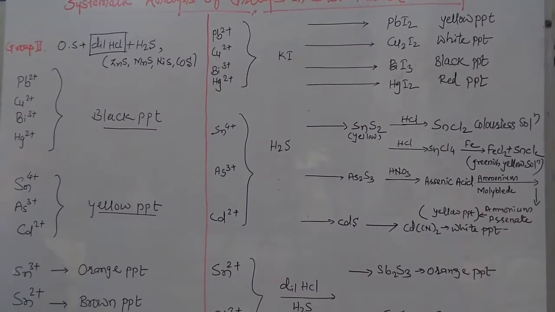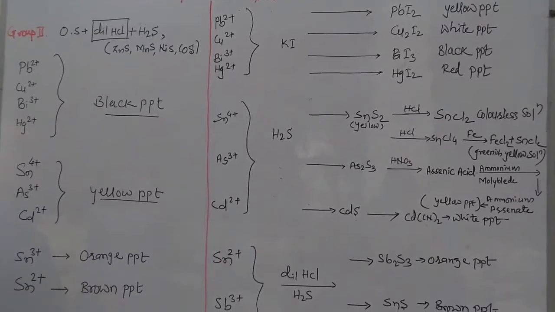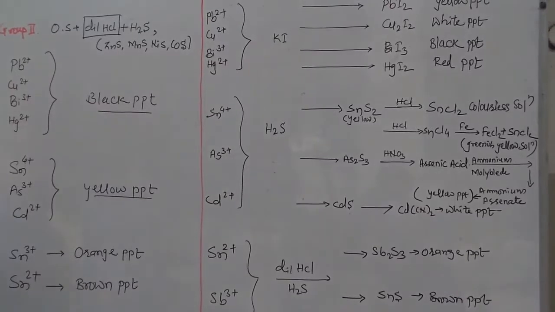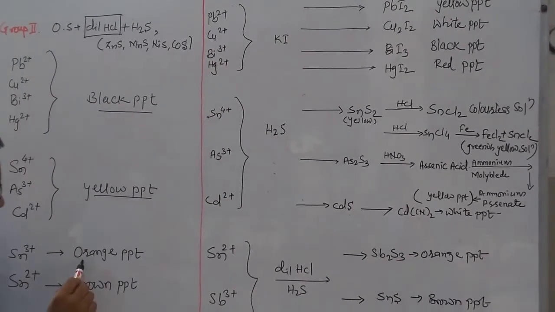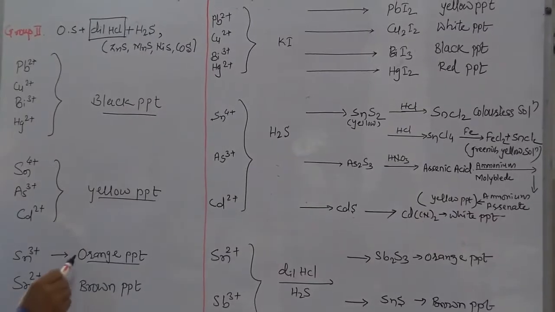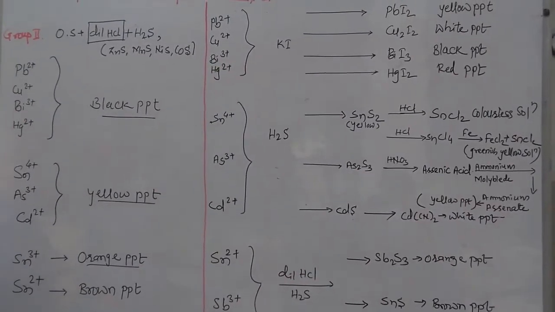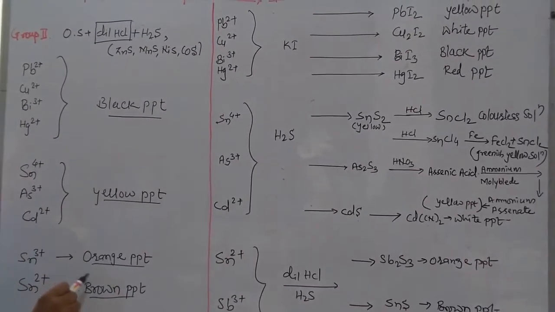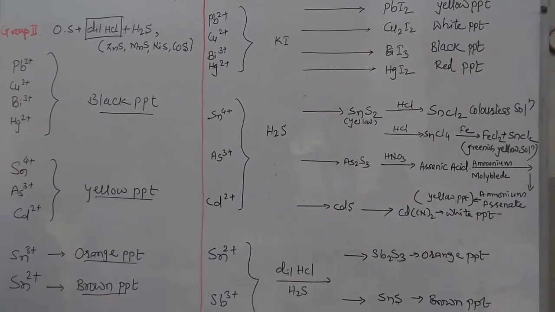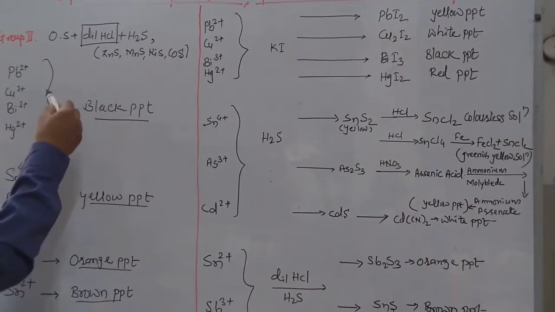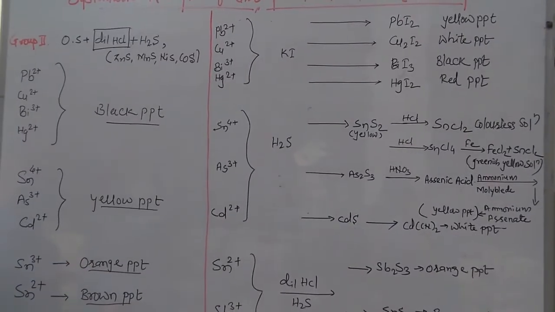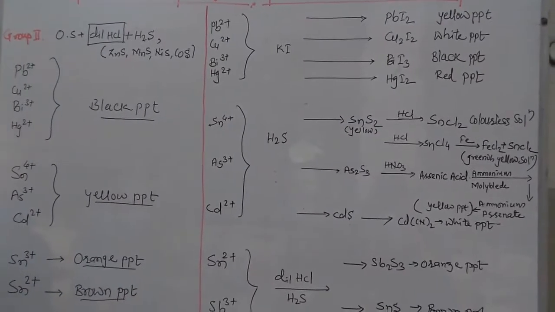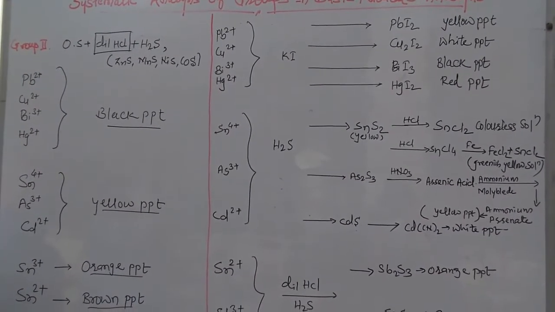Then for the third set of radicals in group 2, if we get orange colored precipitate, that indicates the presence of Sb3+, and if brown colored precipitate is formed, then it indicates Sn2+ radical. So in this way, these different groups of radicals can be identified on the basis of color of precipitate formed in the group 2 reagent addition.